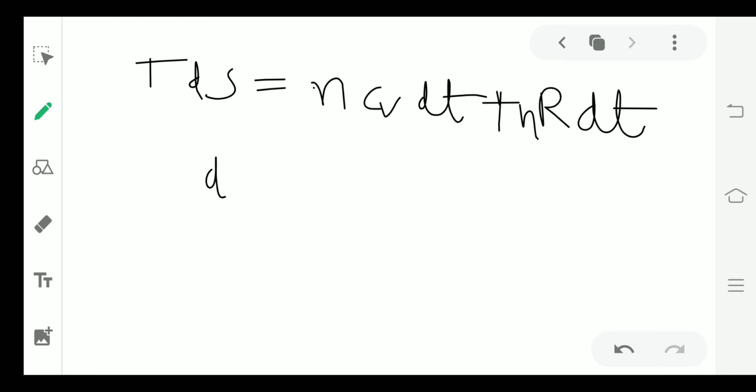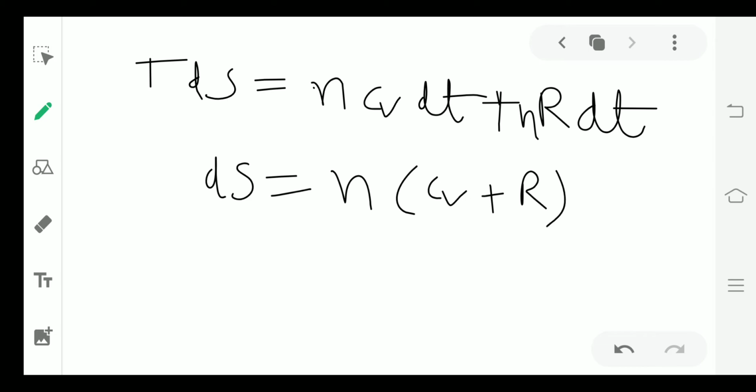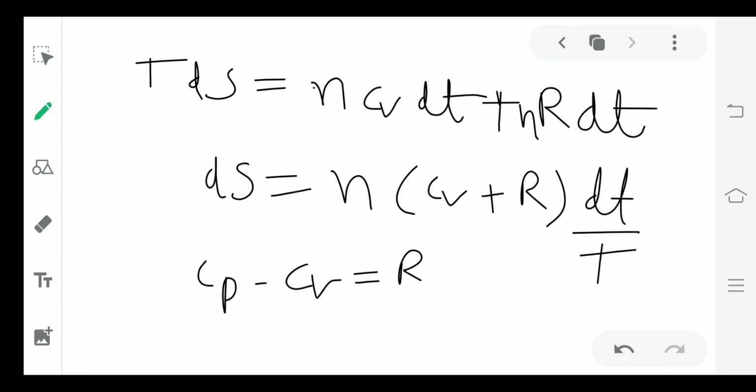So the change in entropy will be n(Cv plus R) dT upon T. Since Cp minus Cv is equal to R, Cv plus R is Cp.